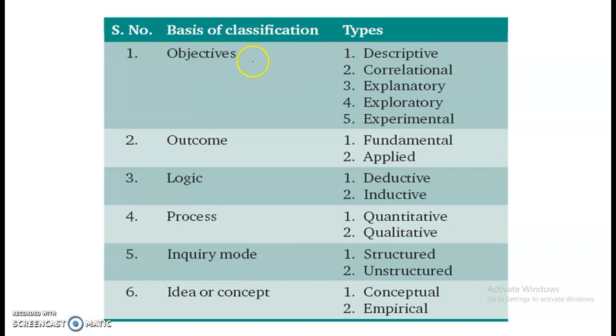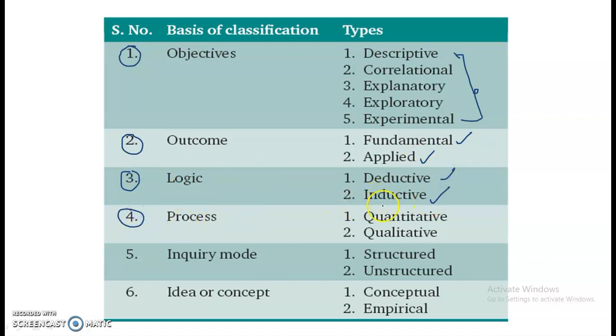Okay. So basic of classification, that means as per the objectives, research can be classified into 5 types, that is descriptive, correlation, explanatory, exploratory, and experimental. And as per the outcome basis, research is classified into fundamental research and applied research. As per the logic, deductive research and inductive research.